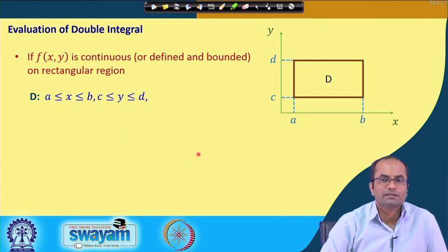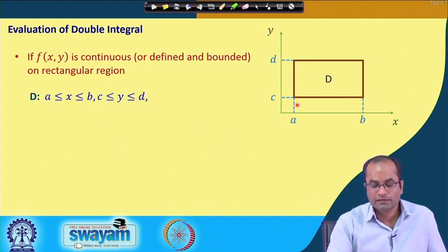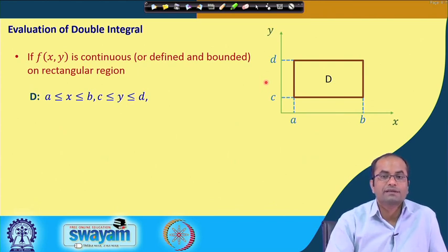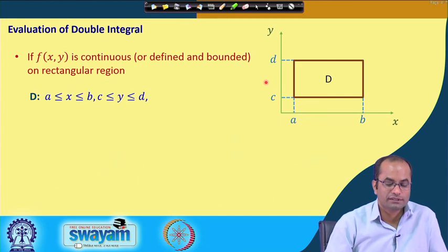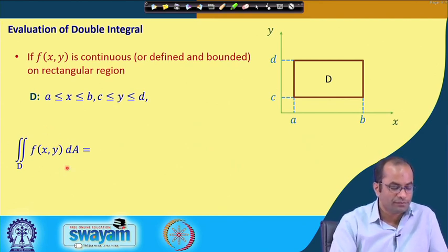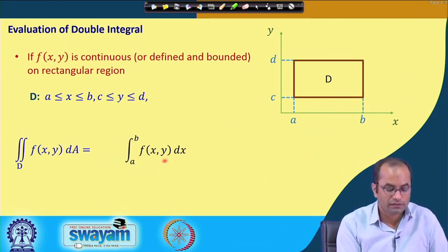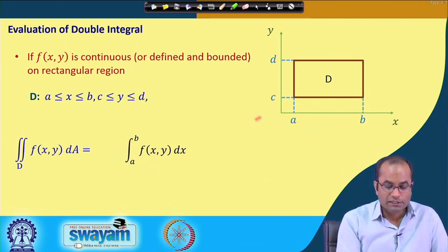This is the simplest case where we can define this integral over such a nice domain, because the limits are clear: for x we vary from a to b, and in the direction of y we vary from c to d, and the limits are constant, not depending on each other. So, the integral over such a rectangular region dA will be defined as follows. First we compute the integral with respect to x.